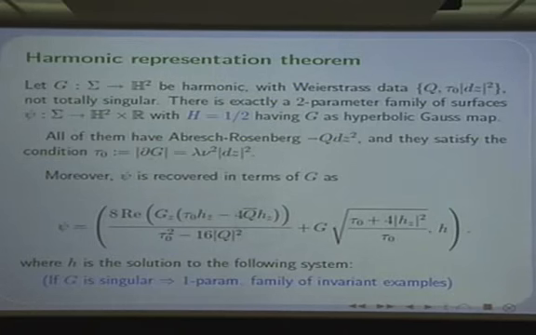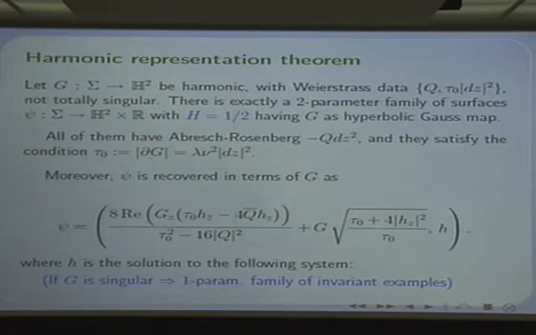And moreover, by the above computation, all of them have the average Rosenberg differential minus q this square, and they satisfy that its partial G metric is lambda multiplied by the square of the angle function. So given the average Rosenberg differential, I have at least a 2-parameter family of examples like this. And moreover, the immersion can be recovered in terms of the Gauss map in the following sense.